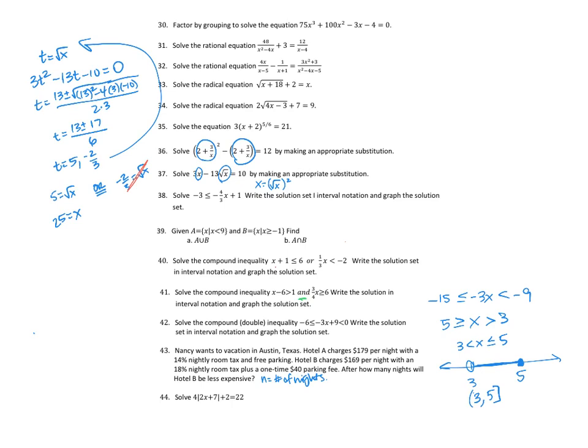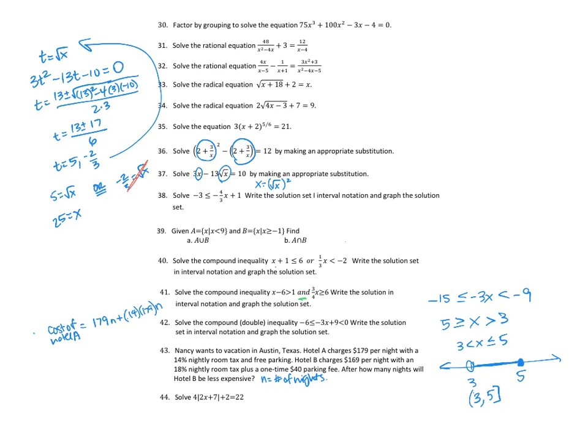So the cost of Hotel A is going to be equal to $179 per night plus a 14% nightly room tax. So 14% of that, 0.14 times 179, and that's each night again.